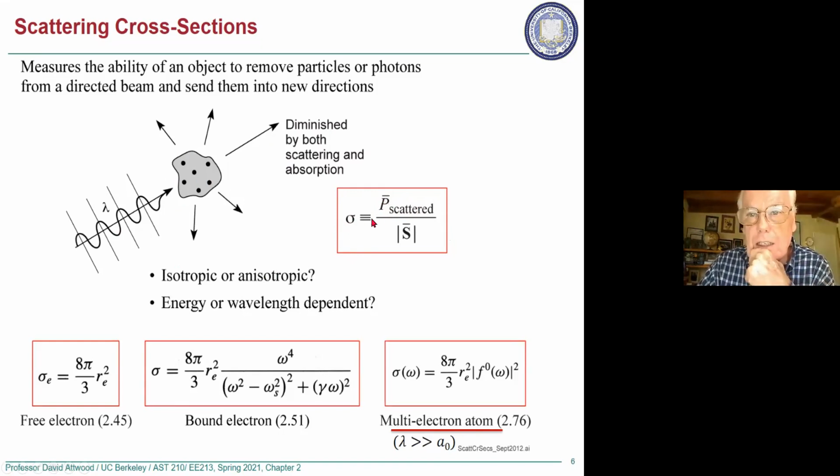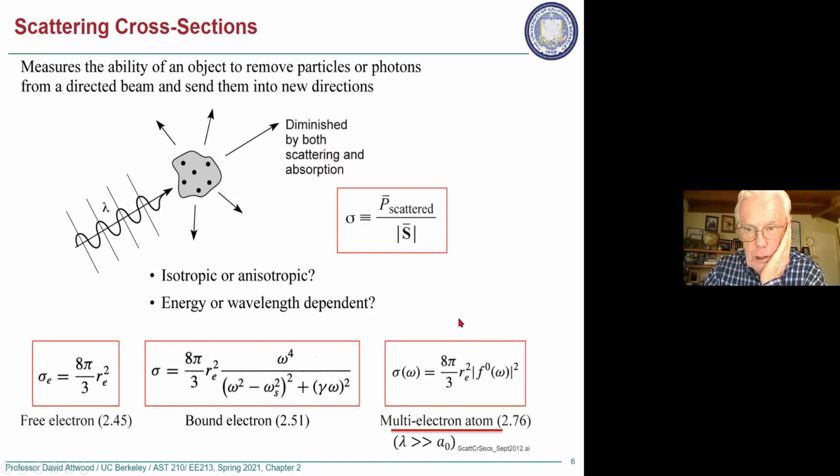So the cross-section is defined as the total power scattered, sent in all other directions, divided by the intensity, okay? And there's a question of, is that radiation going in all different directions? Is it isotropic, equal at all angles, or is it anisotropic? And is there a wavelength or energy dependence in the scattering process?